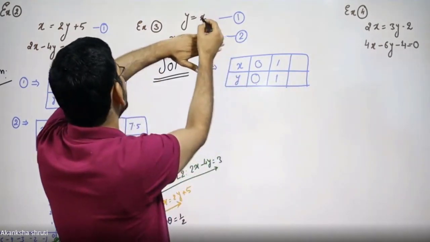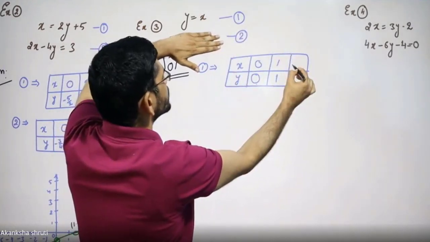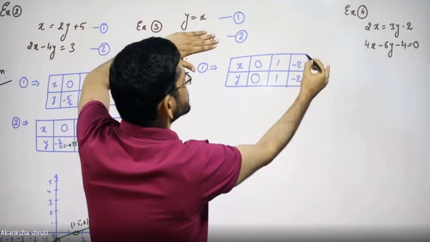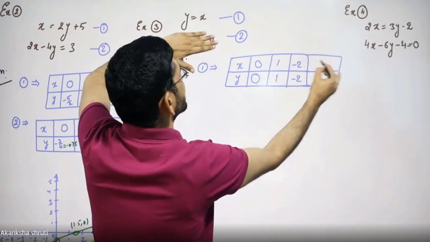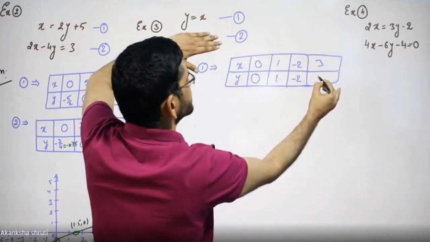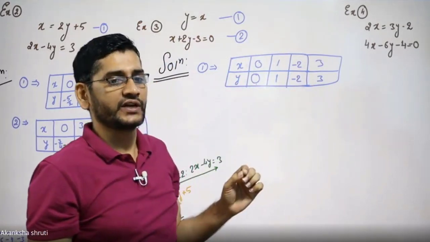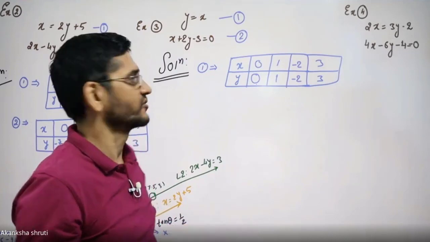Taking the x value as minus 1 or minus 2, the y value is also minus 2. We may extend a few more. Taking the x value as 3, the y value is also 3. Here we are getting x and y with the same coordinate value.